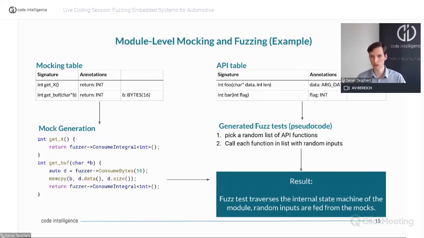Then we also want to create a table for generating a fuzz test that gives us a lot of code coverage. So for this, we need a table that contains all the functions that we want to fuzz. So all the functions that we implemented and where we want to check if they are executed, do they behave in the correct way, or do they crash or behave in an unexpected way.